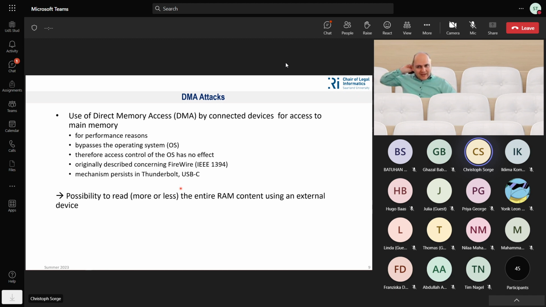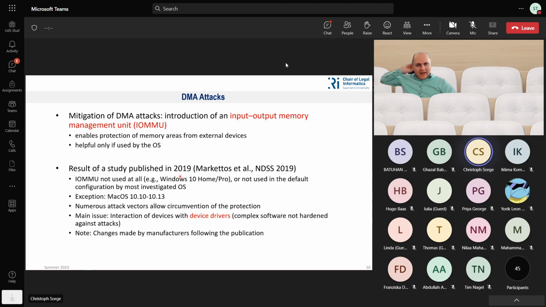So of course, there have been some modifications. Many years ago, a component was introduced called the Input-Output Memory Management Unit. So basically a hardware component that manages access to memory from external devices. But of course, the IOMMU does not know on its own which parts of memory can be accessed by external devices and which ones cannot.